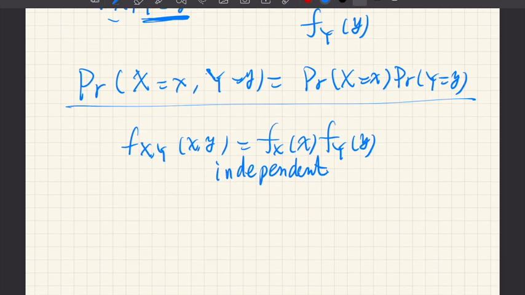So in other words, if you can show that the joint density can be expressed as a product of two densities, then they are independent.